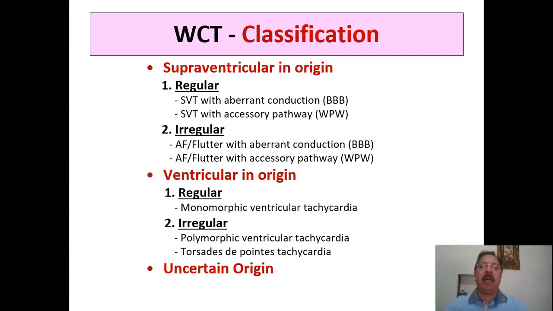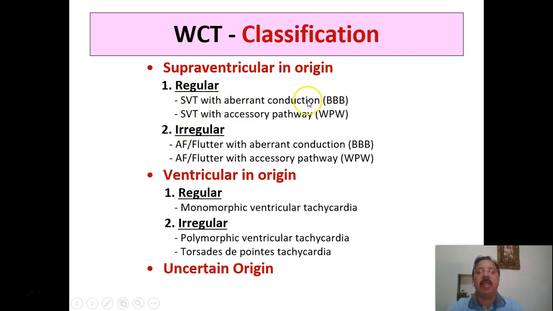Again, wide complex tachycardia can be supraventricular in origin or ventricular in origin, and sometimes you don't know from where it's coming. Is the source supraventricular or ventricular, it's not obvious. So supraventricular tachycardias, which may appear as wide complex tachycardia, can be regular or irregular.